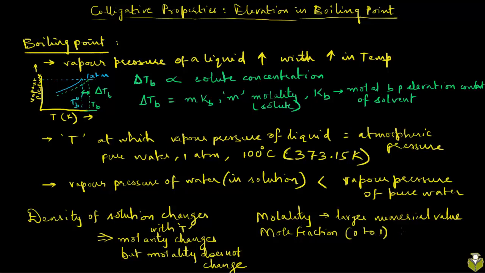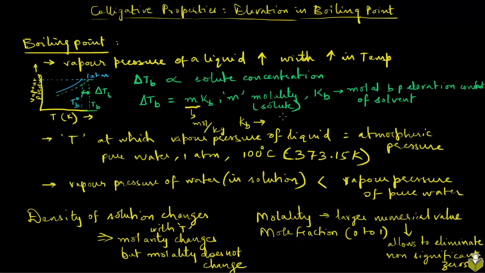So molality allows us to eliminate non-significant zeros. If you look at the units here, for molality it is moles per kg. So units for Kb will be Kelvin kg per mole.